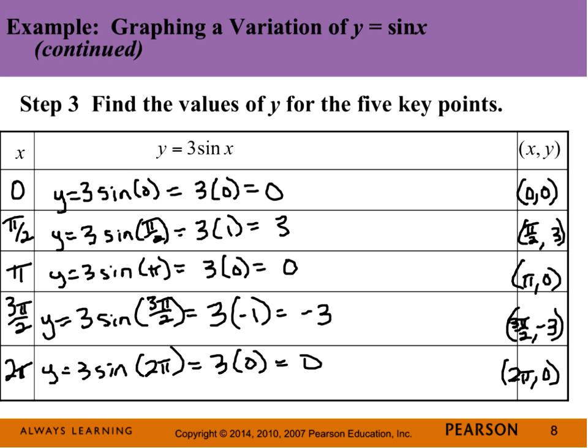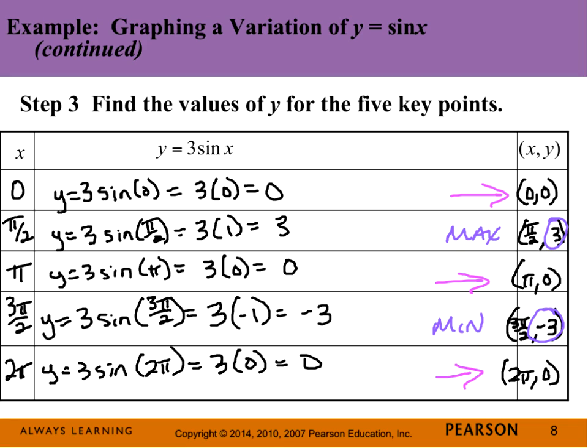And note, from our work we have here, here's an x-intercept, here's an x-intercept, here's an x-intercept. The way that the positive function of sine is formulated, this is going to be our max, and this is going to be our min, and notice we have positive 3 and negative 3 right there.